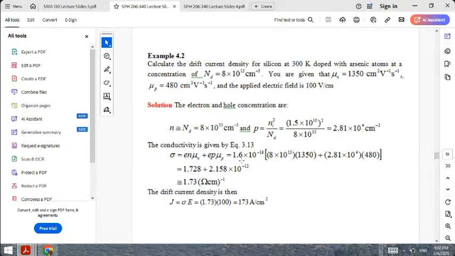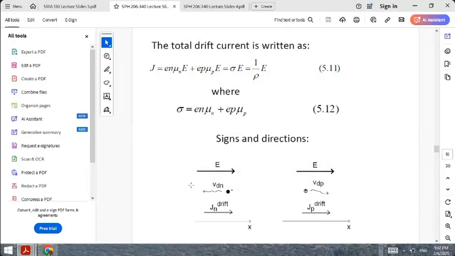So we see conductivity is given by e n mu n plus e p mu p. And e is the electronic charge, which is 1.6 times 10 raised to power negative 19. So you can check whether this calculation is correct. It gives you the conductivity of this material.